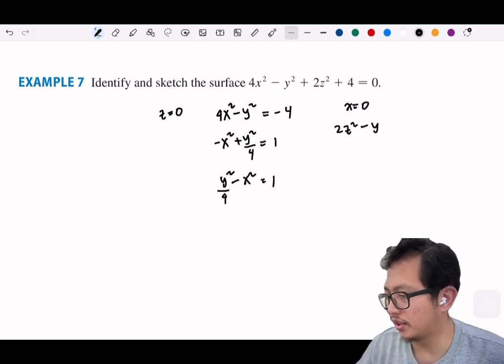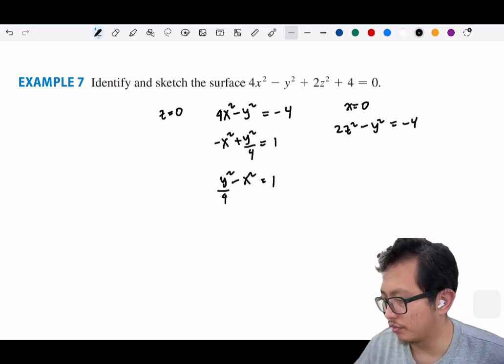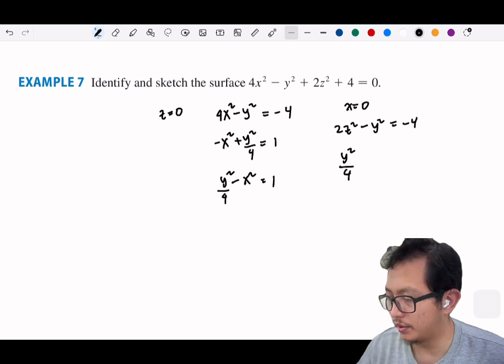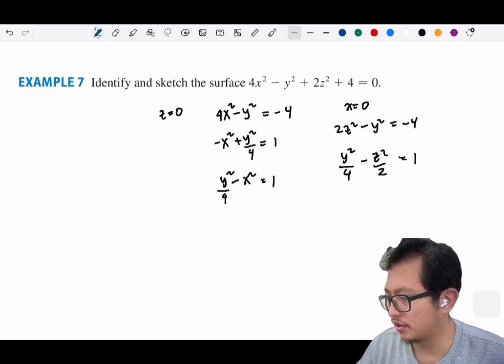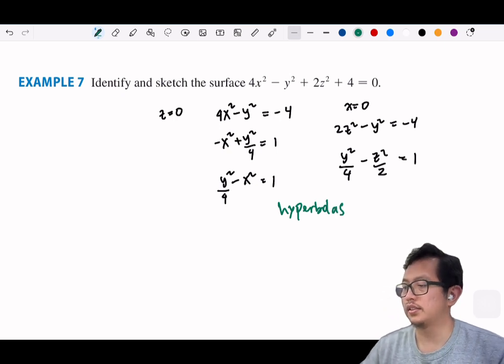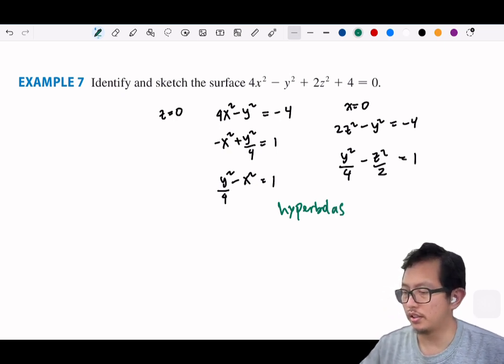And then taking x equals 0, we have 2z squared minus y squared equal negative 4. Same way, we could divide by 4. Okay, this is another hyperbola.